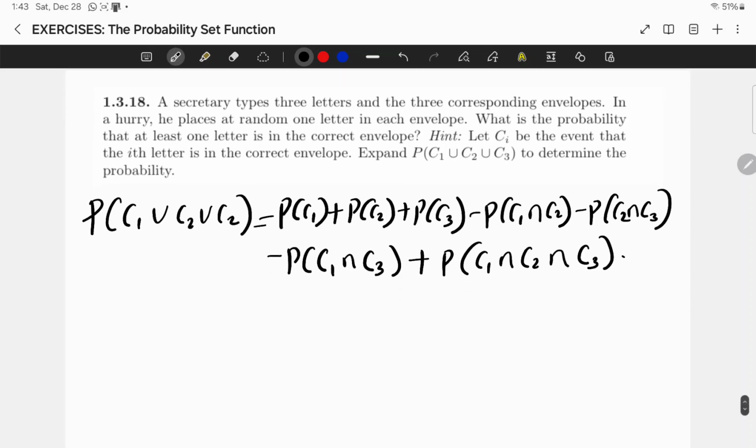Alright, so we have 3 letters, so we are going to permute over 6.